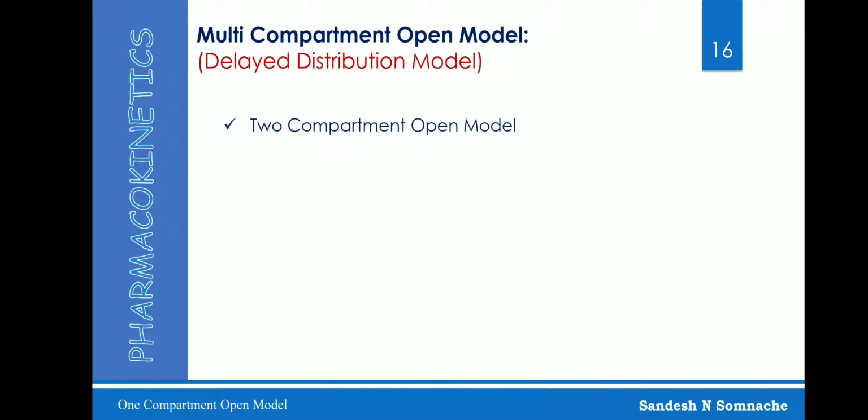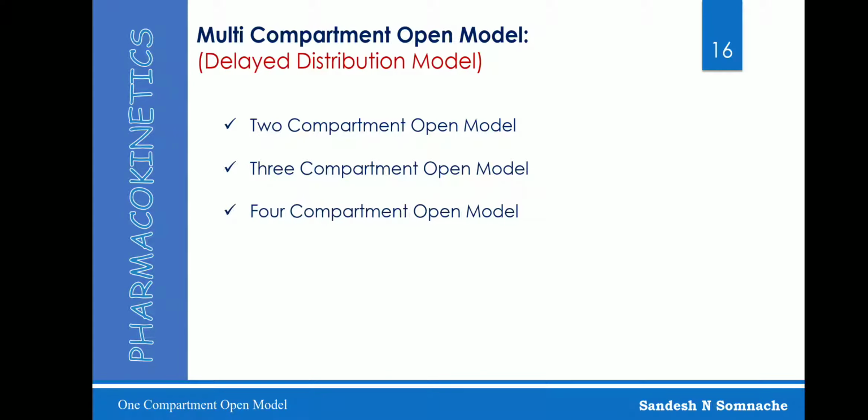Multi-compartment models may be 2-compartment models, 3-compartment models, 4-compartment models, and so on. In case of 2-compartment models, the body is assumed to consist of 2 compartments, one central compartment and the other peripheral compartment. Central compartment is composed of the highly perfused tissues, and the peripheral compartment consists of poorly perfused tissues.